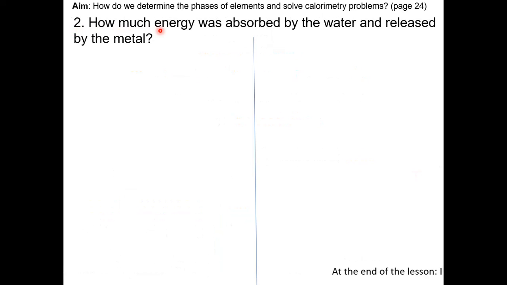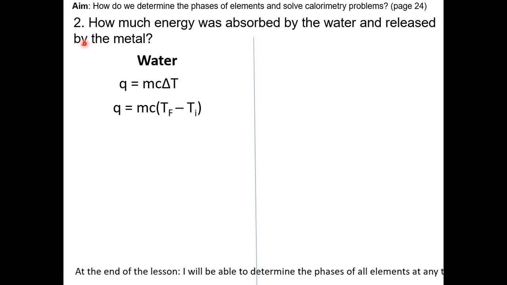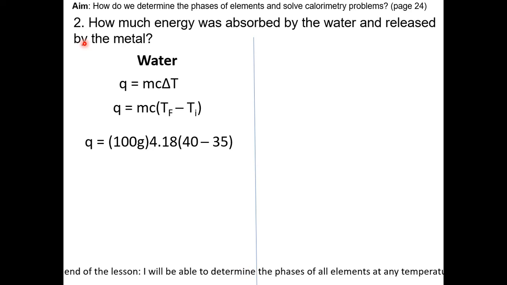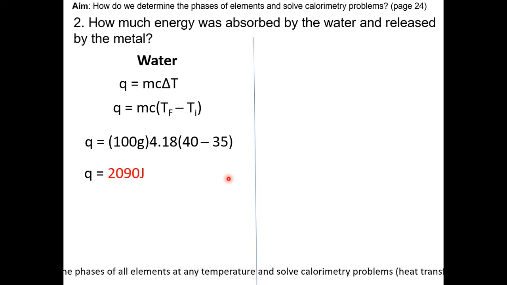Question 2. How much energy was absorbed by the water and released by the metal? So we have to use the equation Q equals mcΔT. For water, we know that the mass of the water is 100, the c of water is 4.18, and ΔT is 5 degrees. So Q is equal to 2090 joules. For the metal, we're expecting the same amount of energy.